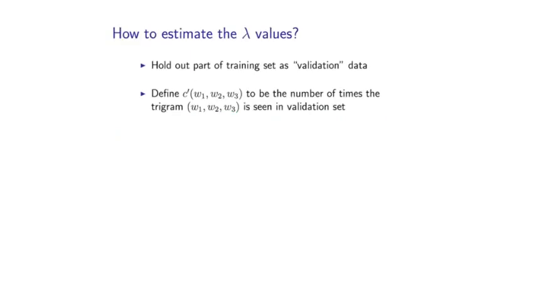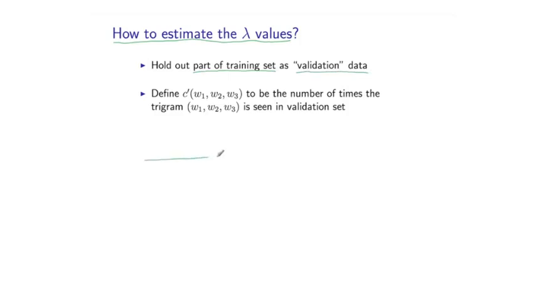So the final question we need to answer is, how do we actually estimate these lambda values? So this is generally done as follows. Firstly, we'll take part of our training set, take some of the sentences in our training set and hold these out as what is called validation data.